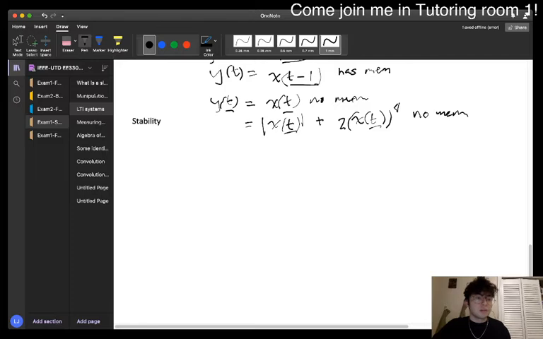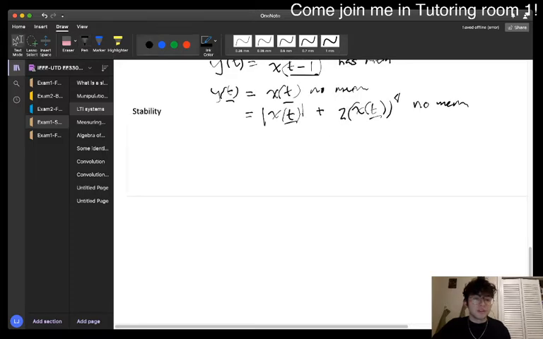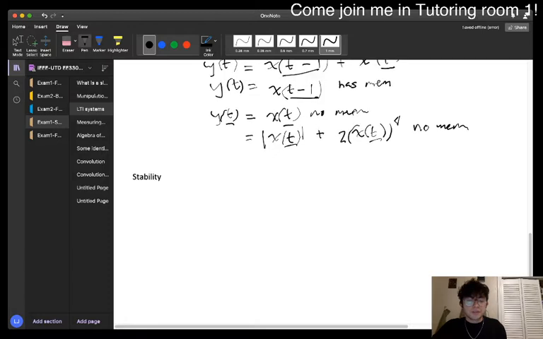And after that, we have stability. This is helpful in guaranteeing that our system's not going to blow up or anything. This is a property that you can check pretty easily by applying the test.